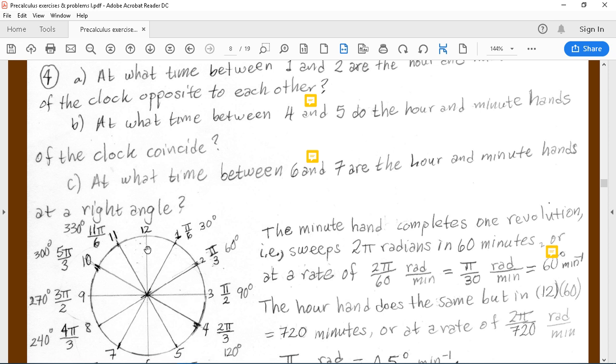That is for the exercise 4a, our reference positions for the exercise.